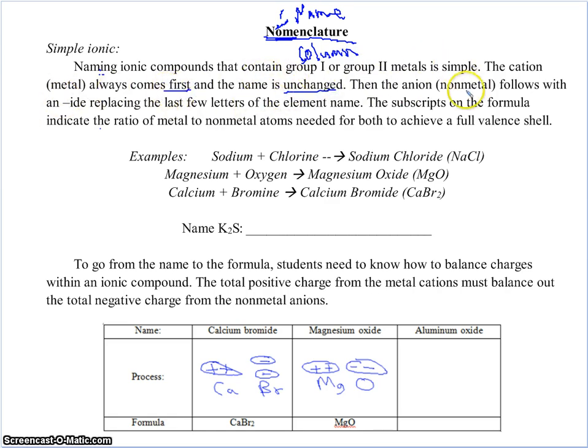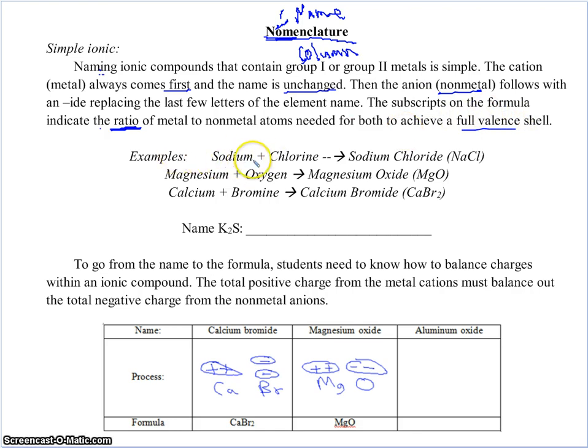Then the anion, which is the nonmetal, usually follows with an -ide, replacing the last few letters of the element name. The subscripts on the formula indicate the ratio of metal to nonmetal atoms needed for both to achieve a full valence shell. What? I'm going to come read that again after I look at this.